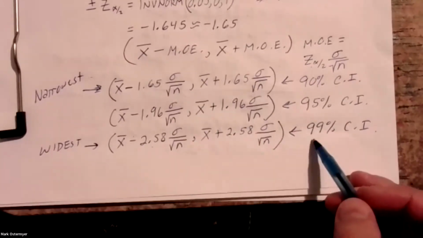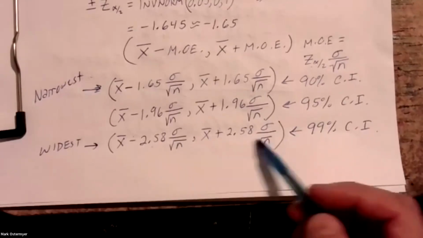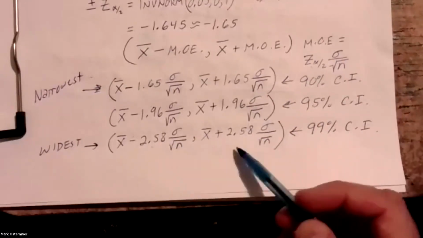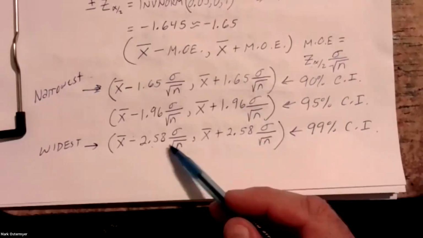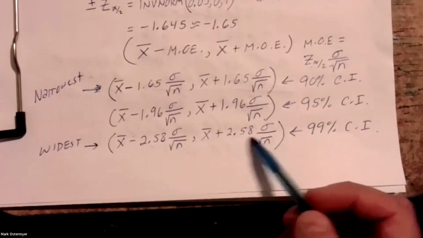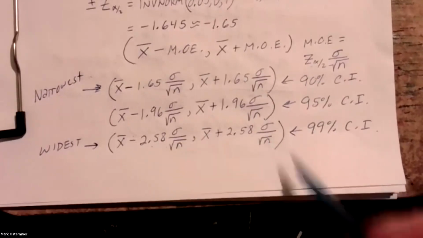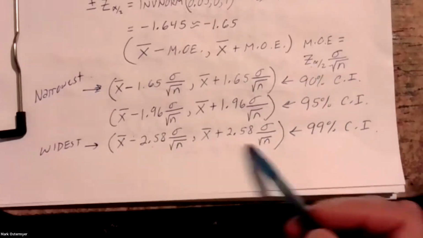So yes, I am more certain, if you will, or more confident that my unknown population mean mu lies in this wider interval. But I'm less precise in determining its exact value because I have more values in this wider interval to choose from. So yes, I have a larger confidence, but I have a lower precision.